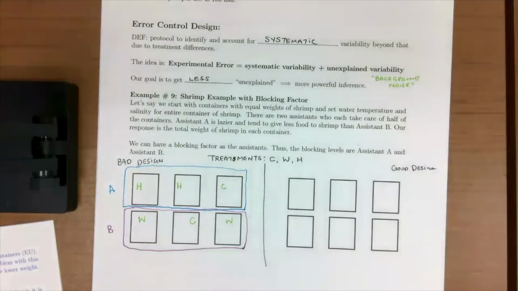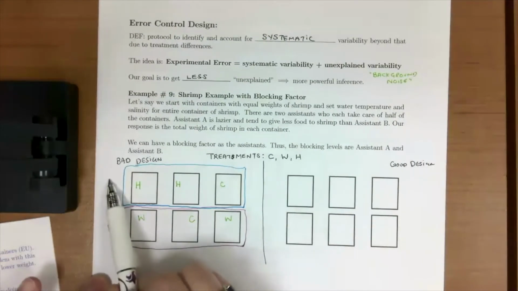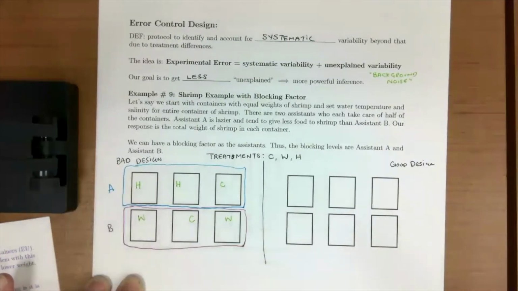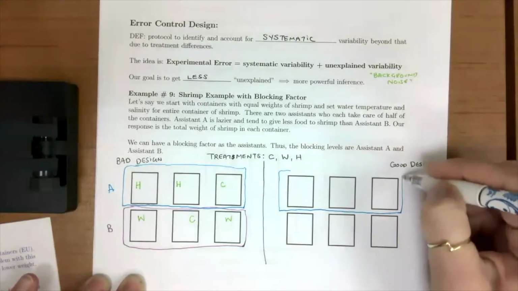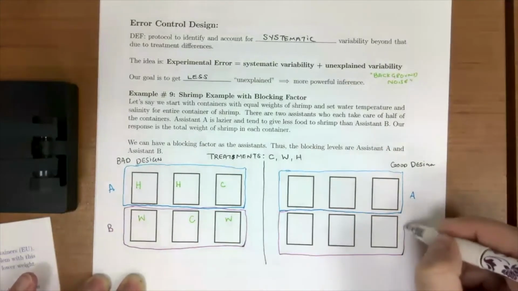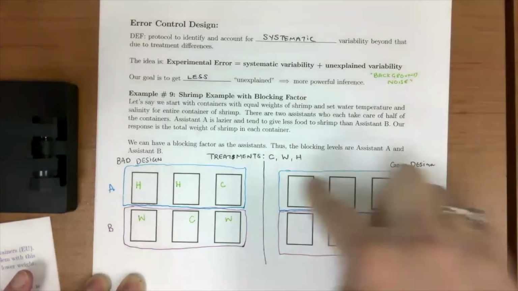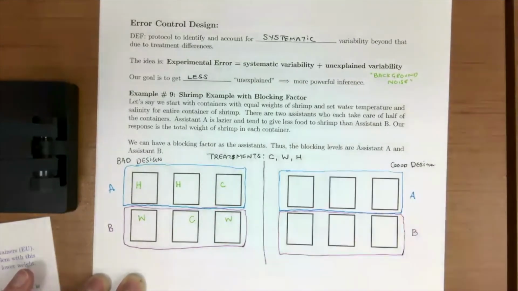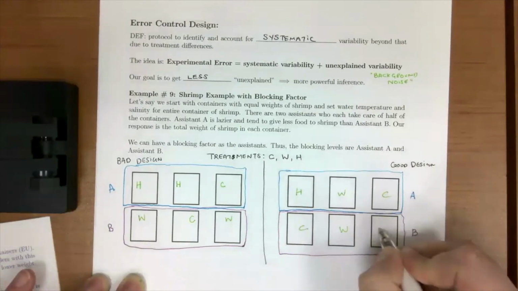So there's that confounding effect that's happening of, is it because it's hot water, or is it because assistant A gives less food? So a better way to make this design with a blocking factor with our assistants is to say, okay, let's assign these three experimental units to A. Let's assign these three experimental units to B. And now within these three, let's randomly put hot, warm, cold, cold, warm, hot.